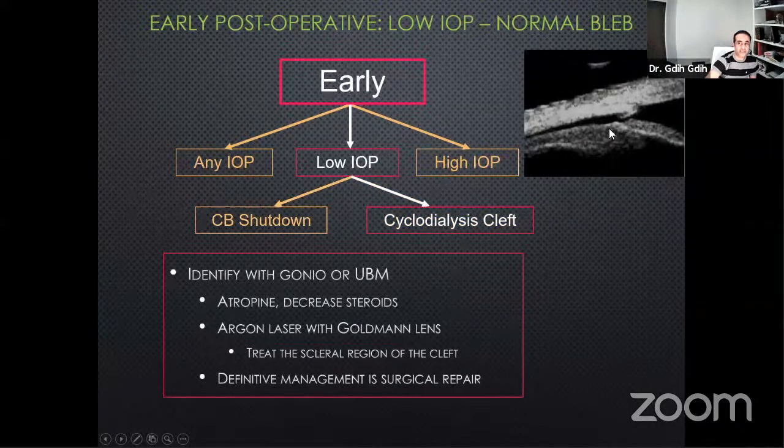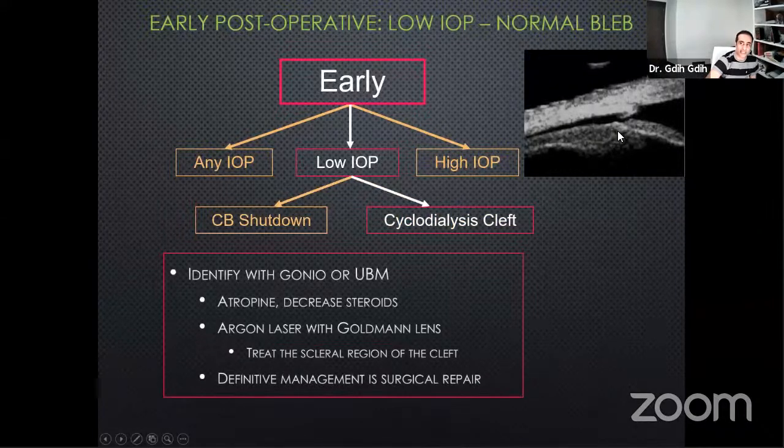Cyclodialysis cleft is something that many people don't think about, but if you have a low pressure early post-op and you don't see another reason, if you do a UBM, you may see a cleft there, and that's where the fluid is going to the suprachoroidal space. Those are very hard to diagnose unless you exclude everything else or have a UBM ready to have an image like this.